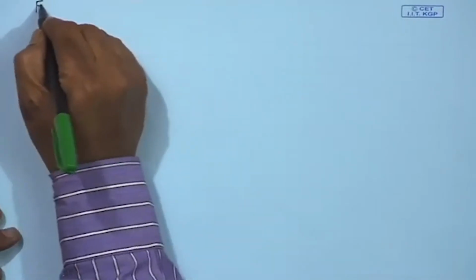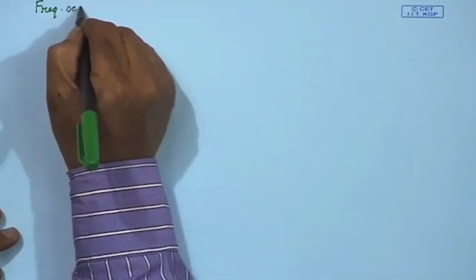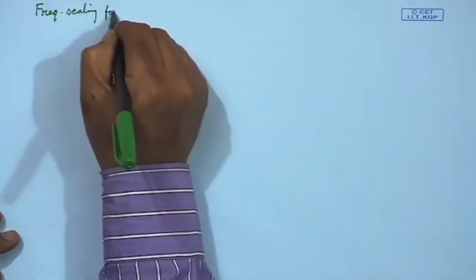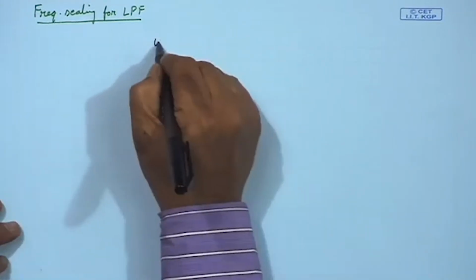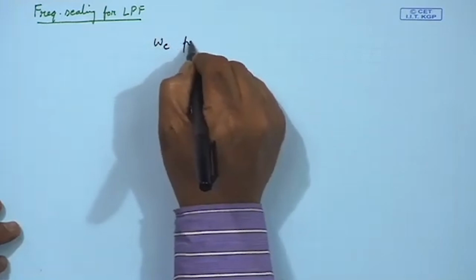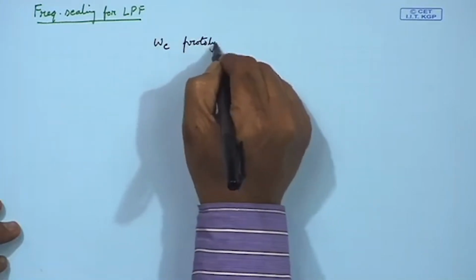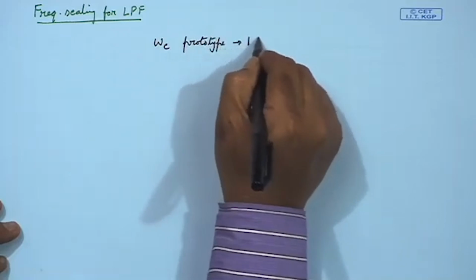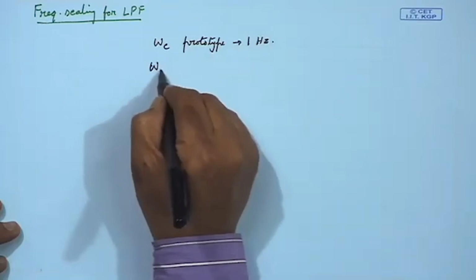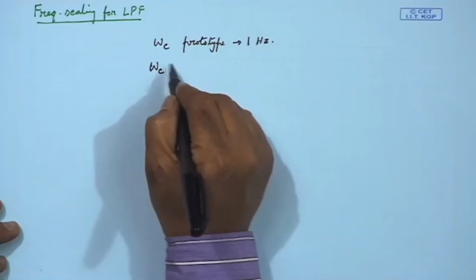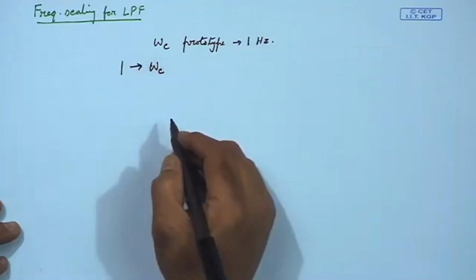Then we will see the second variety, frequency scaling for low pass filters. Omega c in the prototype is 1 hertz, but we need to change it to some other value omega c. From 1 to omega c we need to scale.